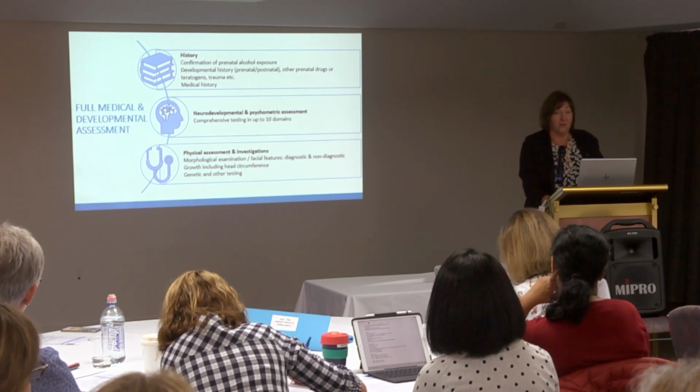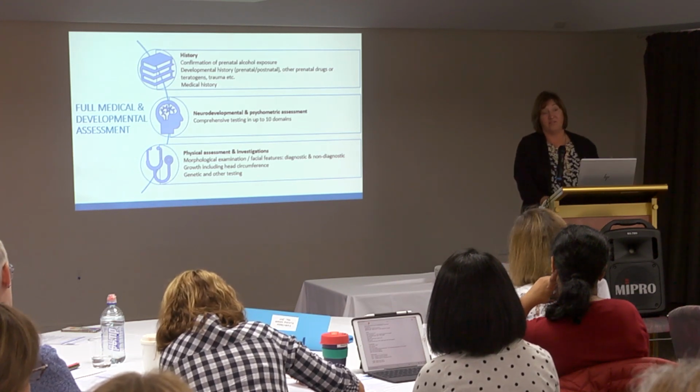We need to measure the growth, even though it's no longer required for the diagnosis of this disorder. But obviously we're interested in the child's growth. We're particularly interested in the child's head circumference. And most of us in our clinics routinely exclude fragile X, do a chromosome microarray, and look for other causes of neurodevelopmental problems.